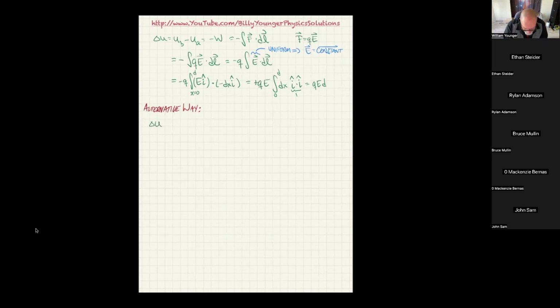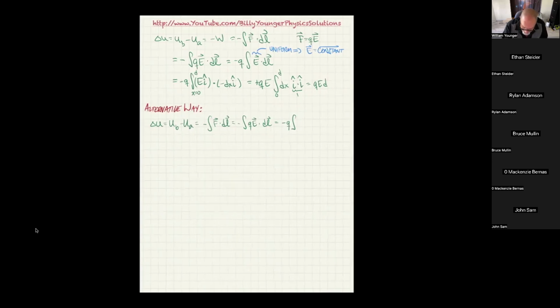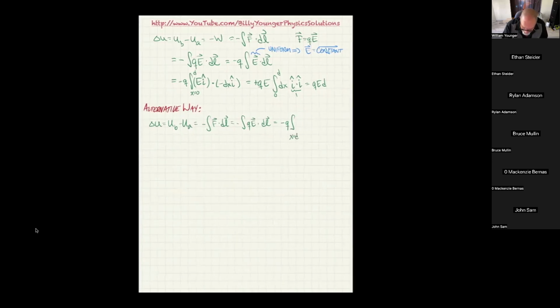So I'm going to say delta U is equal to UB minus UA is equal to the negative integral of F dot DL, which is going to be the negative integral of QE dot DL, which is going to be the negative Q times the integral. Now this time I'm going to integrate from x equals D to 0 because that's the actual real direction I'm going.